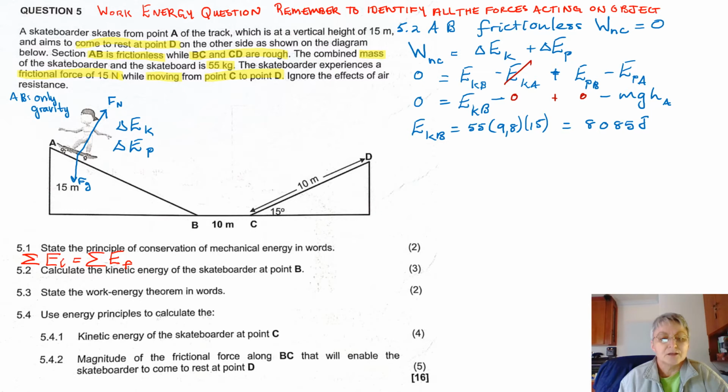Right, so that's 5.2. 5.3, state the work energy theorem. It's about the net work done on an object will equal its change in kinetic energy.